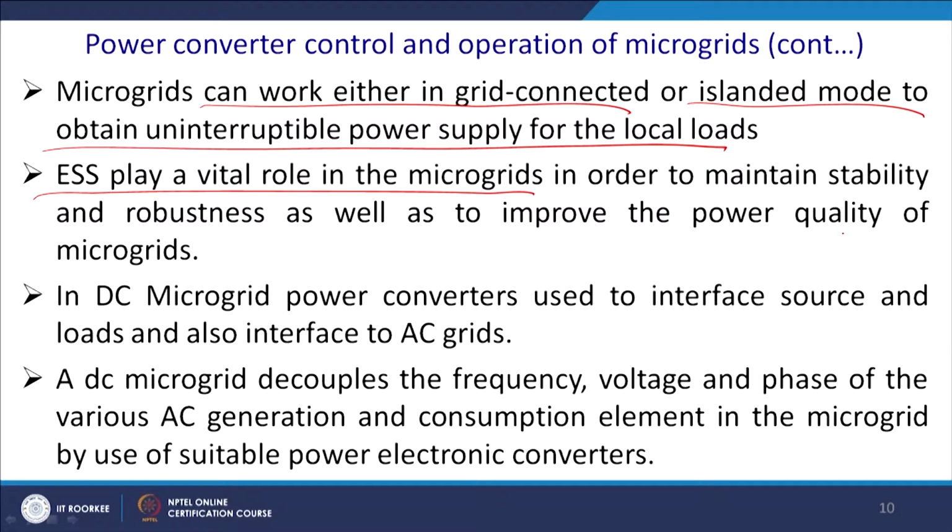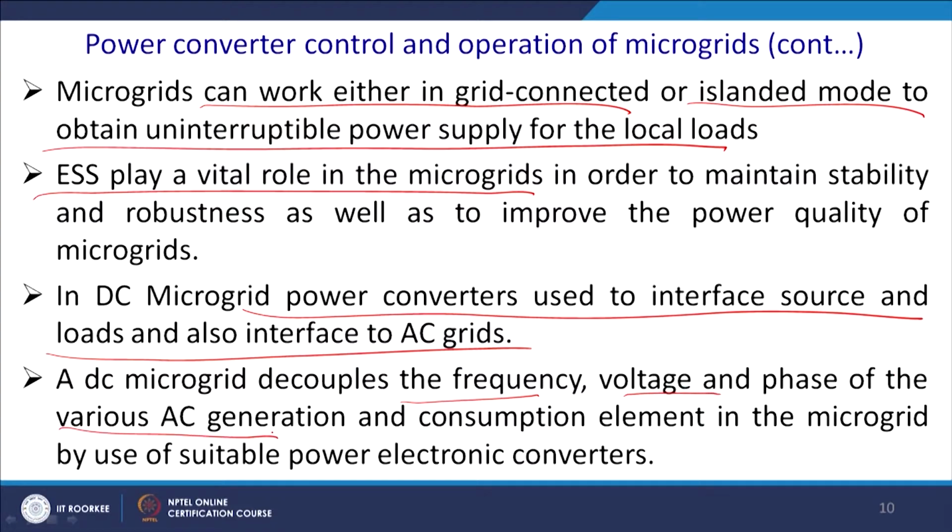In DC microgrid, power converters are used to interface sources and the loads and also the interface to the microgrids. The DC microgrid decouples the frequency, voltage and the phase of the various AC generation and consumption elements in the microgrid by use of suitable power electronics converters.